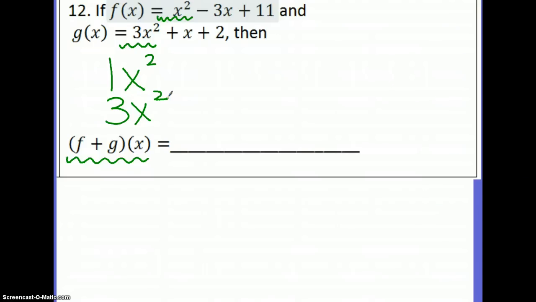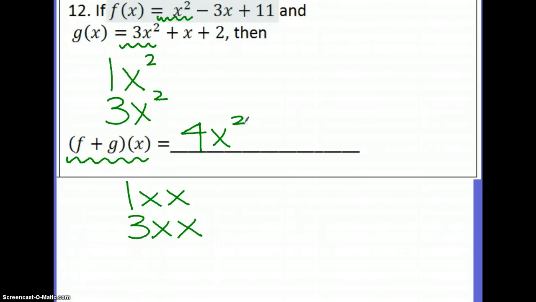We're just saying how many total x squareds do we have? We have a total of 4. So you don't change the x squared, you're just saying how many x squareds you have. You have a total of 4.